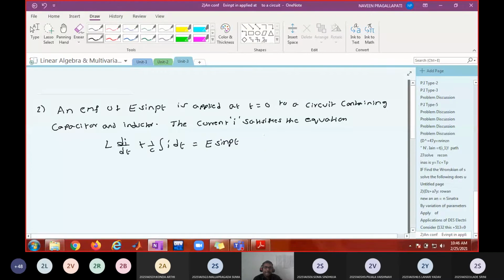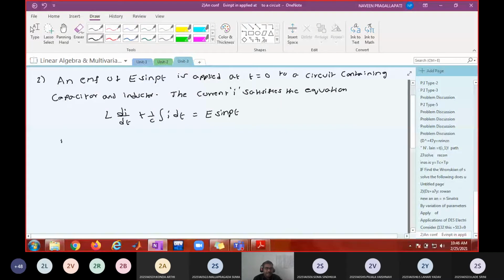If p square equal to 1 by LC, and initially current and charge are 0, then find the current I at any time t.